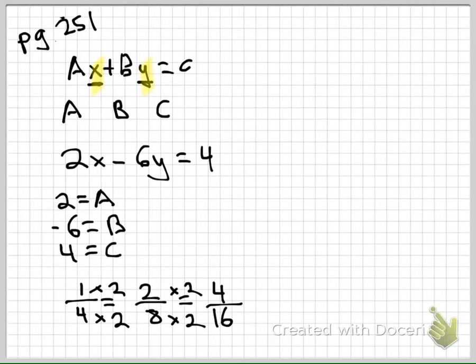So with that, we're going to go ahead and make a scale using this equation here. We're referencing the 2x minus 6y is equal to 4. So let's go ahead and do that. Alright, so we have 2x minus 6y is equal to 4, and we're trying to make two equations that are similar to that.